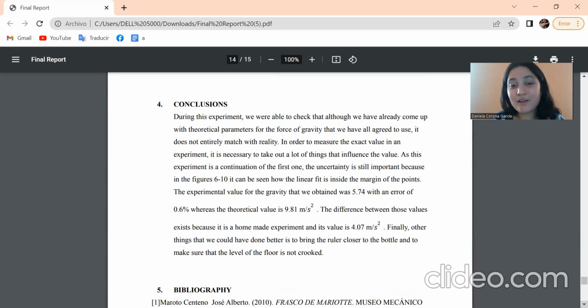We have a lot of things that influence the value, but we often take those variables out and we have to take them into consideration. Also, we could have brought the ruler closer to the bottle in order to have a more precise value.